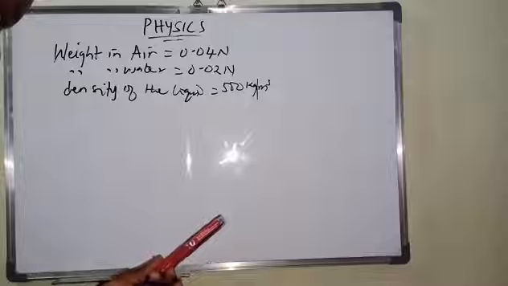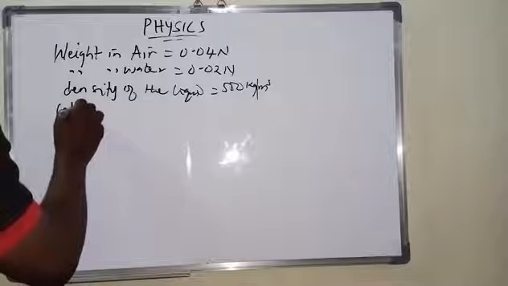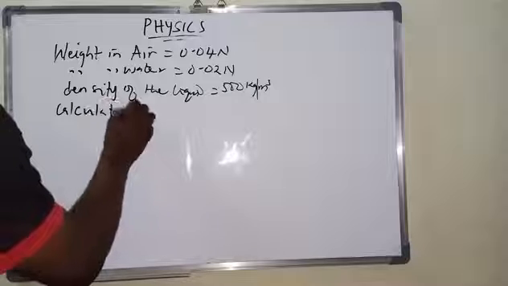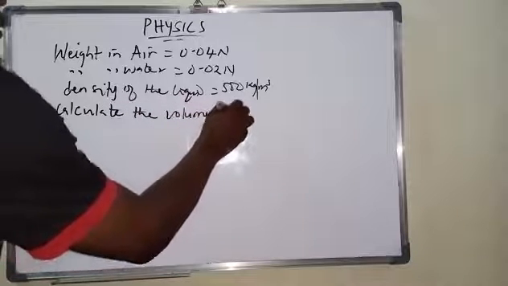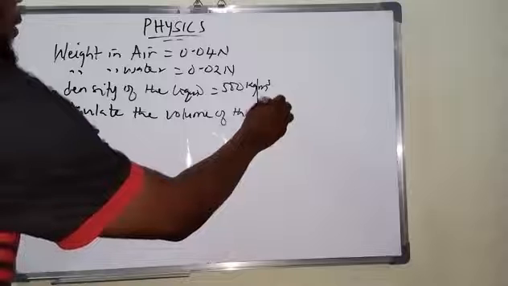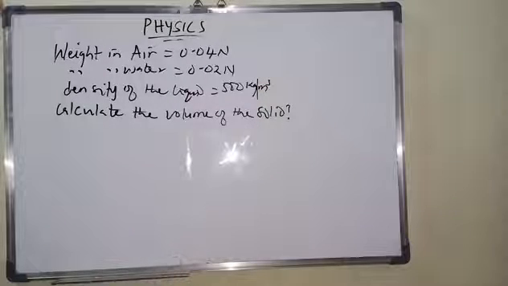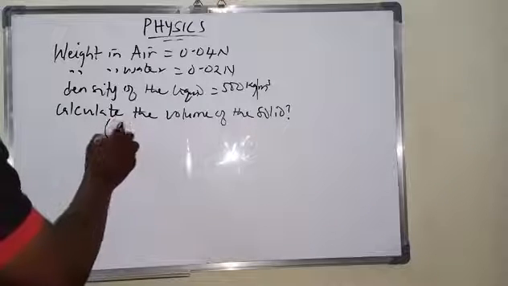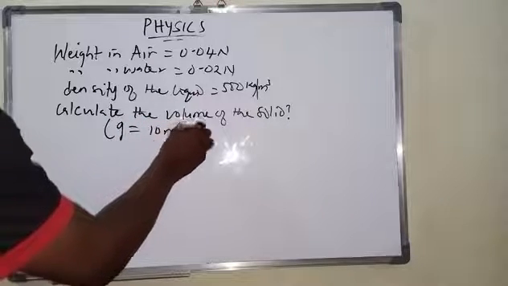Calculate the volume of the solid, given the acceleration due to gravity to be 10 meter per second square.